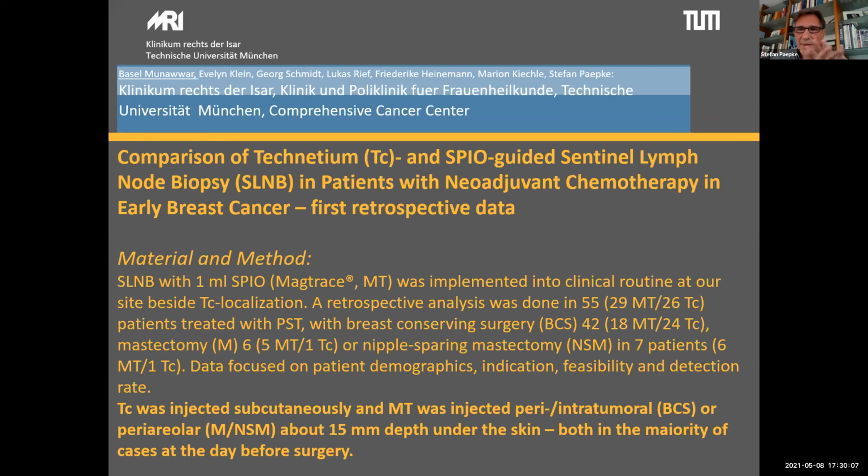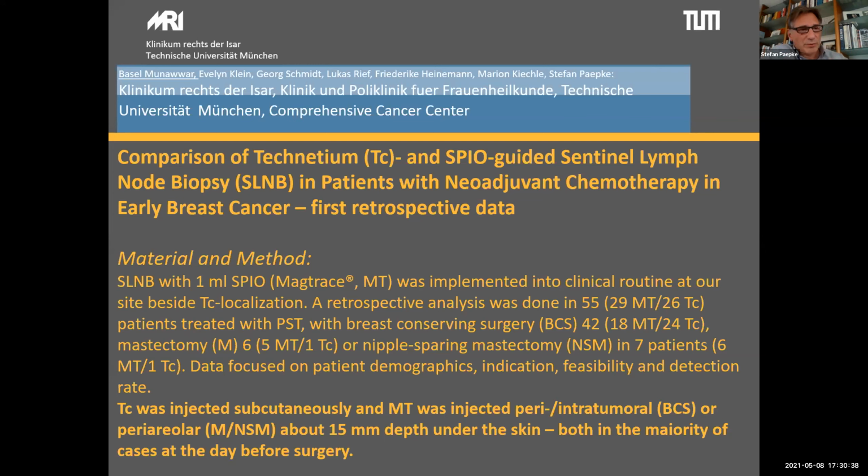This technique minimizes all the problems mentioned in the literature before regarding staining and MRI problems. If you inject only 1 milliliter of Magtrace in the tumor, really in the knee of the tumor, and you remove the specimen, you remove the segment, you remove all the overload of iron-based solution with the specimen too.